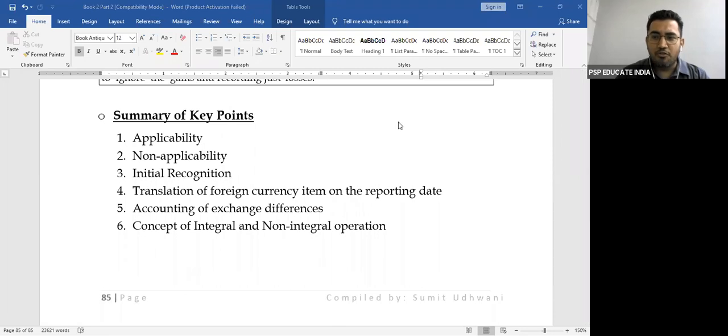Now quickly on the chat box, are you clear with this entire concept? Yes or no? Quickly, everyone, this is really important because we are finishing off AS-11 today. So it's important for me to know whether you all have clearly understood AS-11 or not.